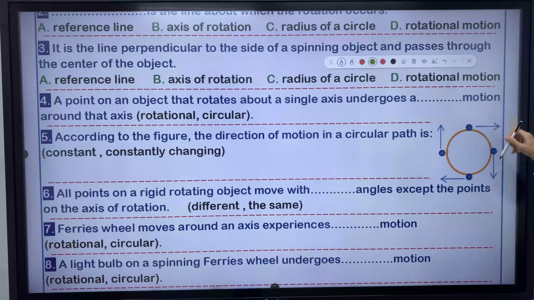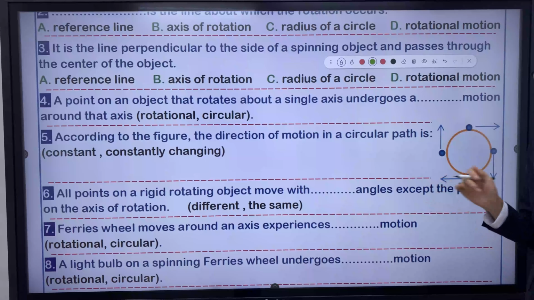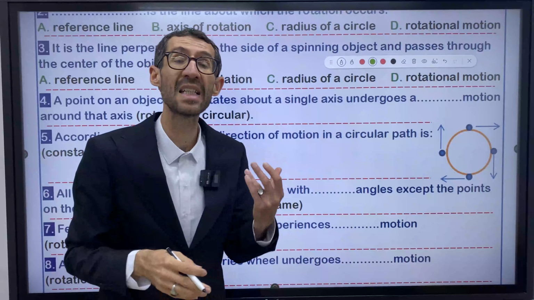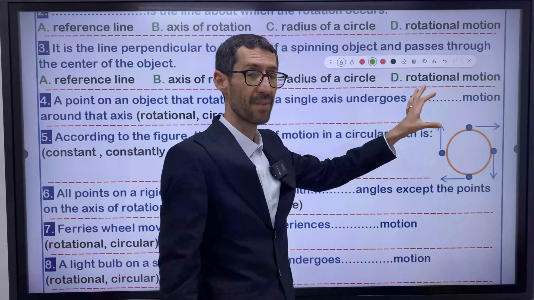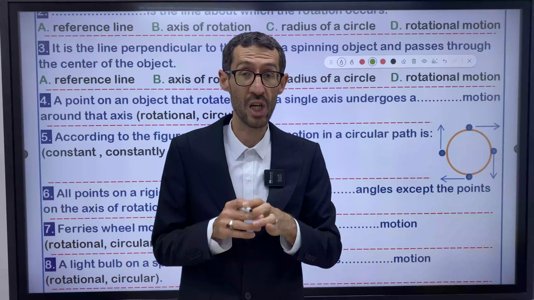Tell me the direction of the same object that circles the circular path. Here it points downward. It reaches here and it points to the left. That's why the direction of the object in a circular path is constantly changing, right?